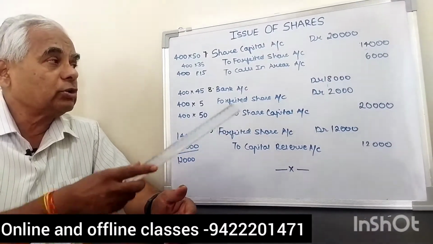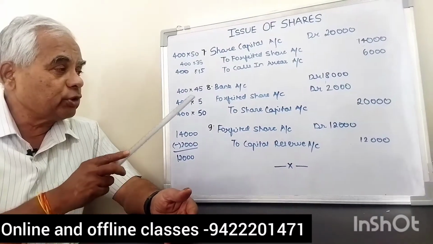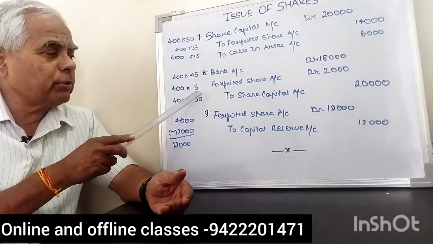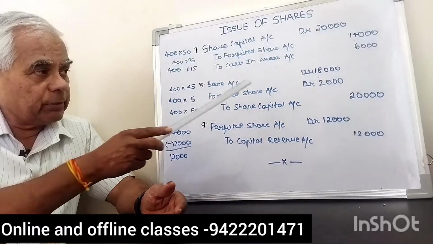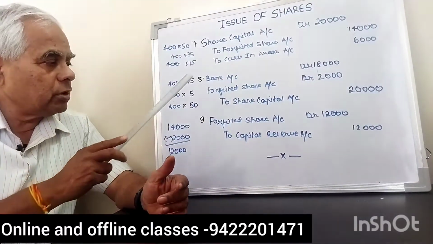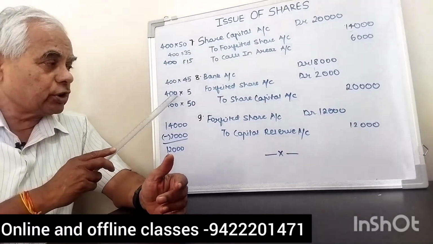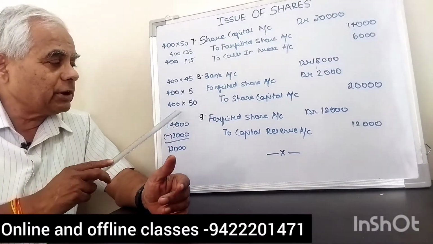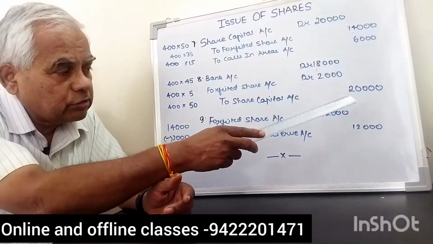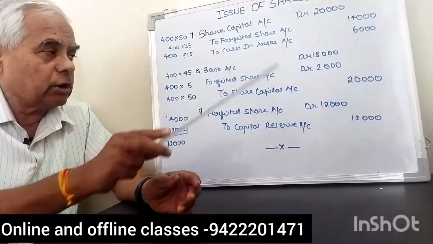Okay. Now these 400 shares were issued at rupees 45 each, means 5 rupees discount. 400 into 45, bank account debit 18,000. Forfeited share account debit 400 into 5, 2,000. To share capital 400 into 50, 20,000. Again I am going to repeat the entry.